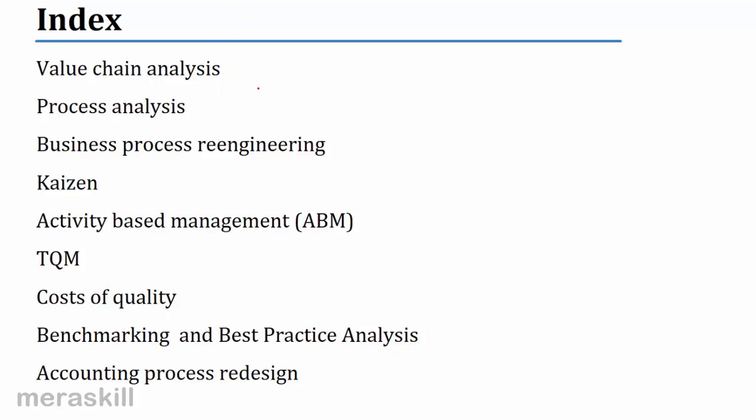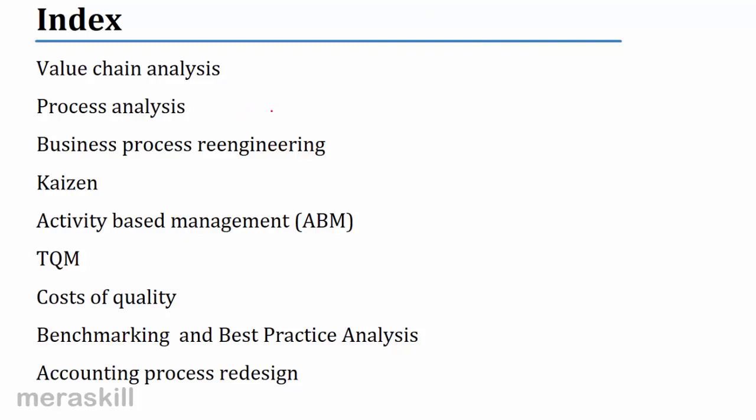We will first do what is called value chain analysis. Value chain analysis, we will identify the activities which build up value for a customer, from the raw material to the output, to what the customer finally gets. What are the activities which add value till the good reaches the customer? We will do process analysis.